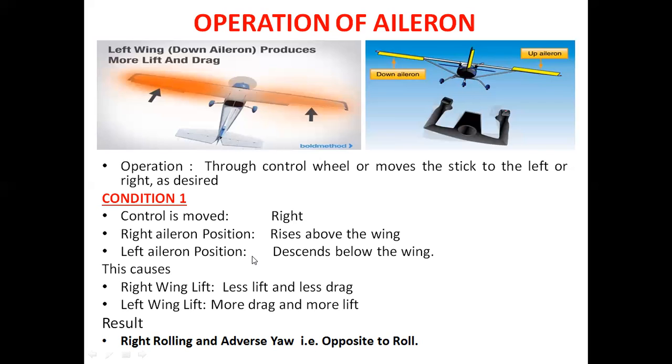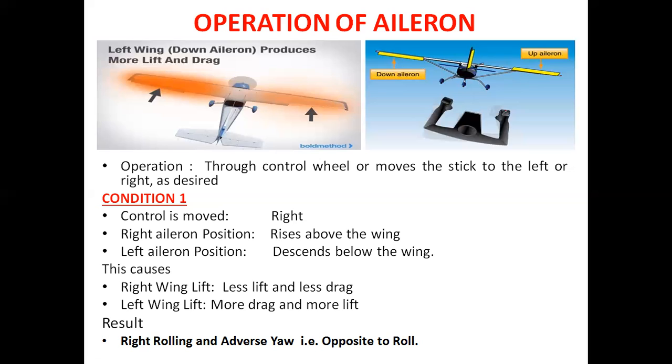The left aileron will descend below the wing. It will deflect downward. This will cause the right wing to have less lift and less drag.